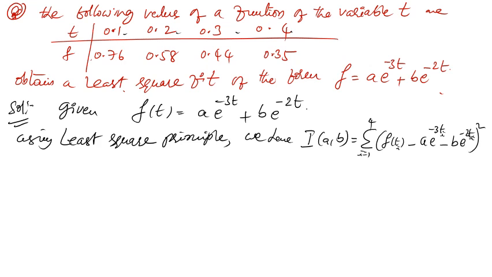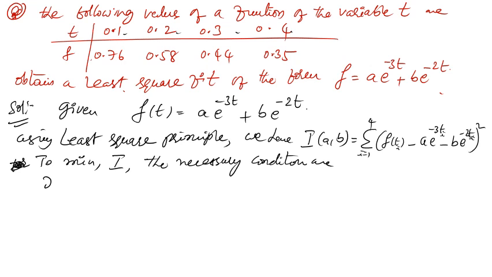This is the function. To minimize I, the necessary conditions are dou I by dou a, the first unknown, and dou I by dou b, the second unknown, equal to 0.